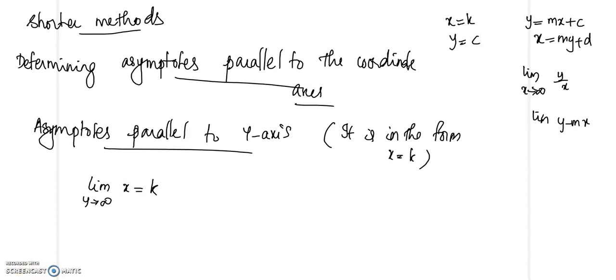Now we will be given a polynomial equation. To find an asymptote we will have an equation.